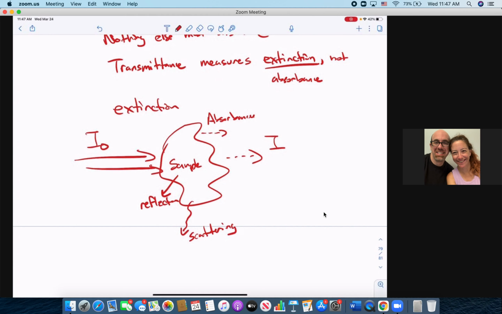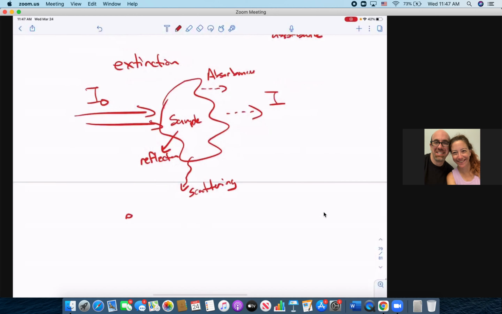All of these things occur at the same time. Extinction, which is really I over I0, is the sum of absorbance and scatter and reflection. Now, reflection is usually not an issue in our samples.